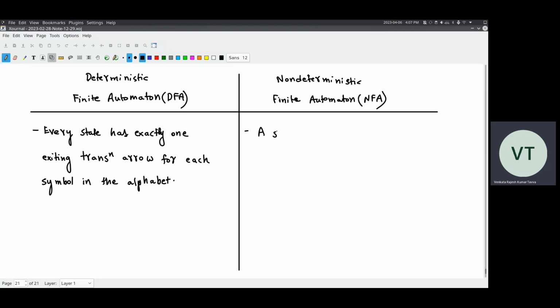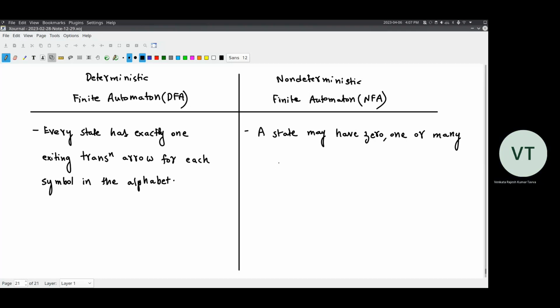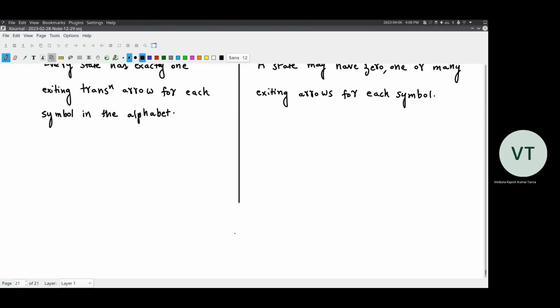In an NFA, a state may have 0, 1, or many exiting arrows for each symbol, for each alphabet symbol.